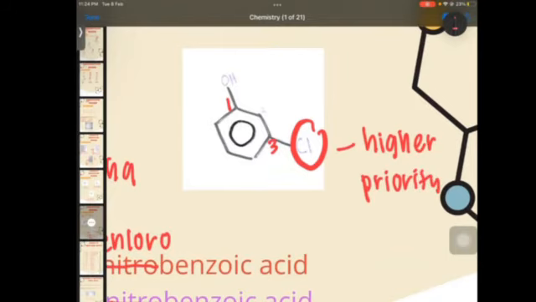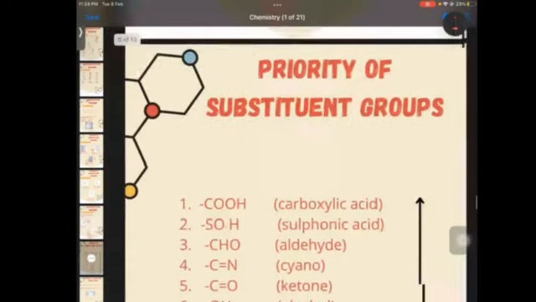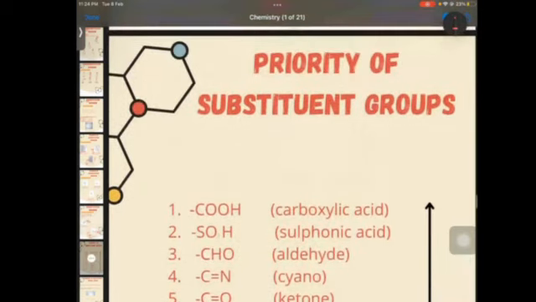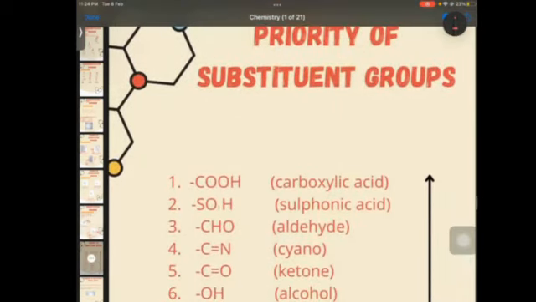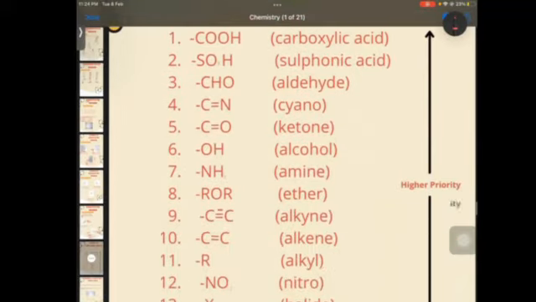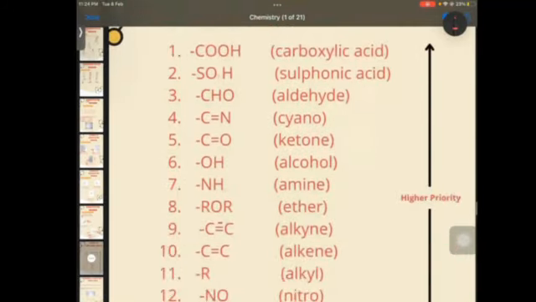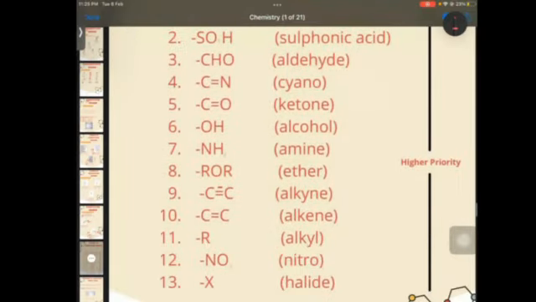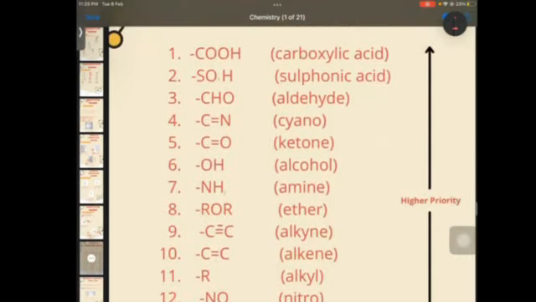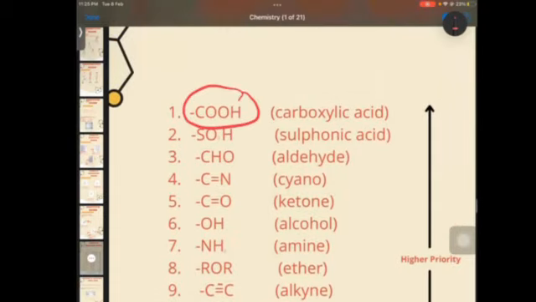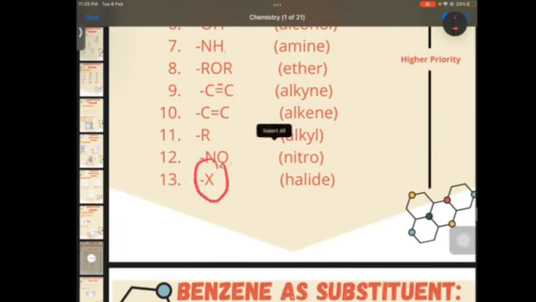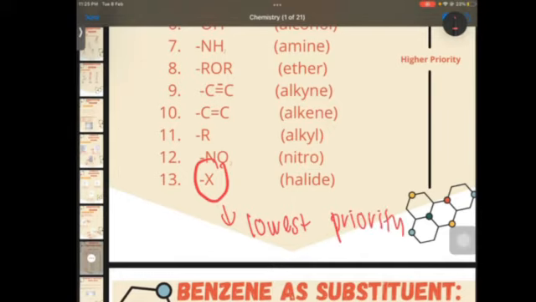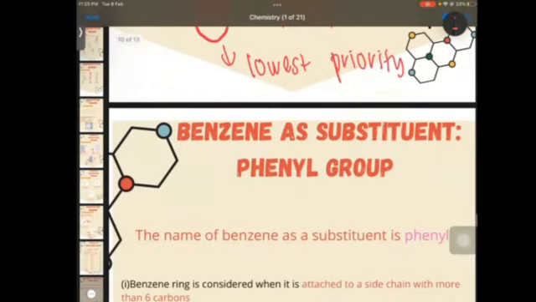So, this is the formula for priority of substituent groups. You have to remember this part. You must remember this part. Because the formula is really useful when you answer the question after this. So, COOH will be the highest priority. And this part will be the lowest priority.